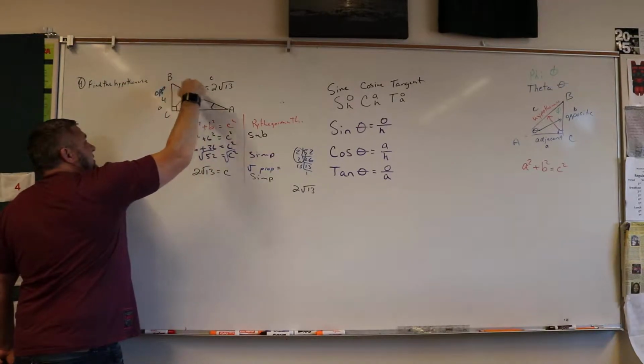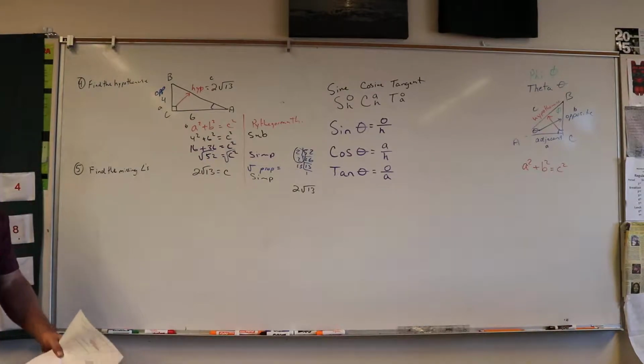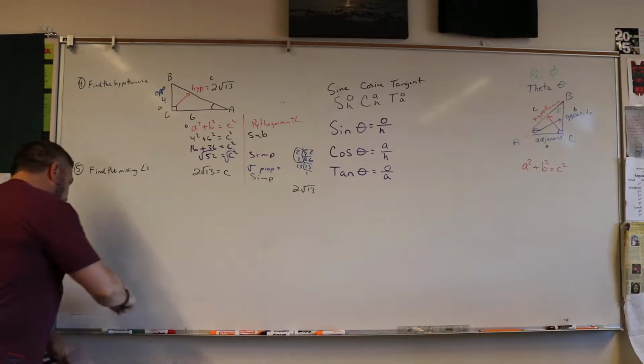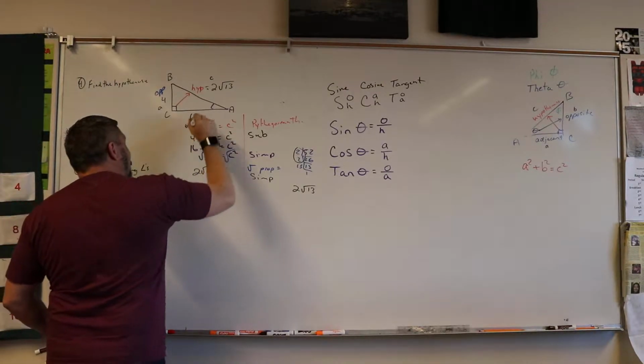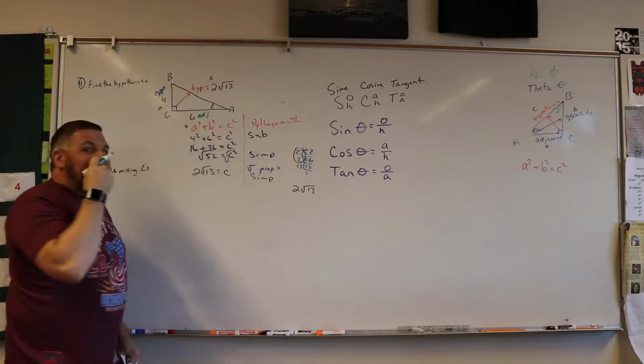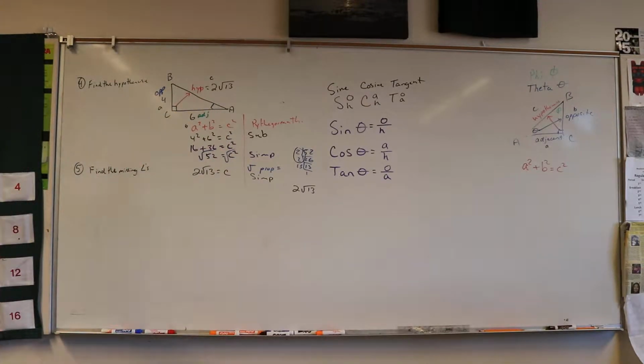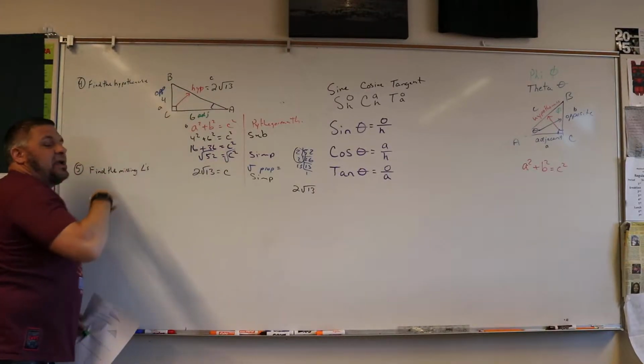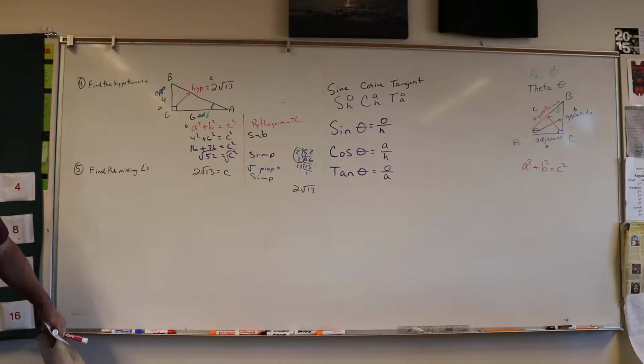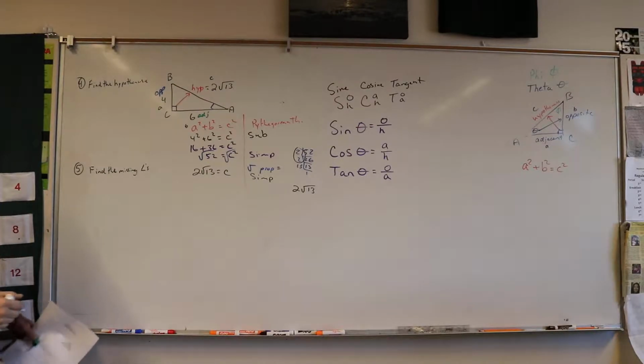This is still the hypotenuse. So the adjacent would be 6. Does that make sense? To A. Now to B, the opposite would be 6. See how that's different?